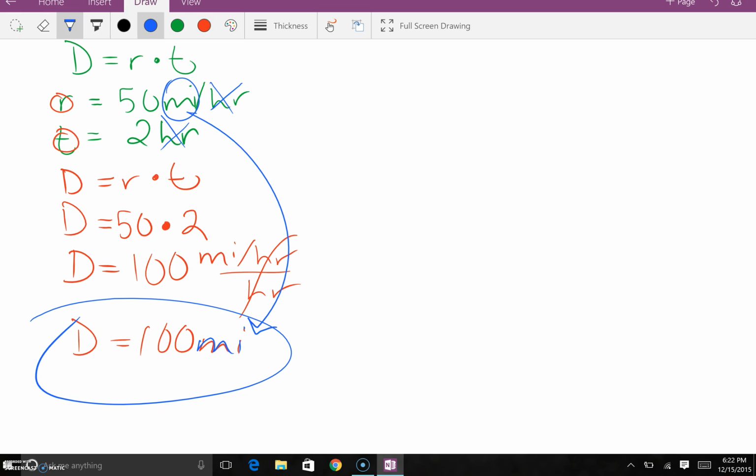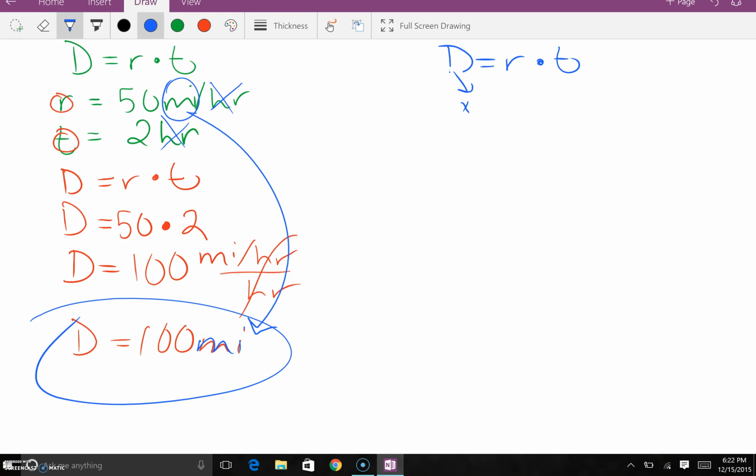Okay, so just another example. Distance equals rate times time. If they do not give you the distance, you can give it a variable. If you want to assign it an x, you can, but I really wouldn't worry about that so much. But if you would like to, you're more than welcome to.